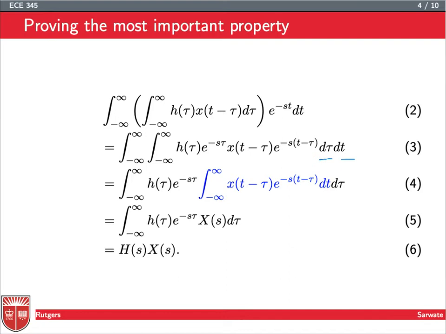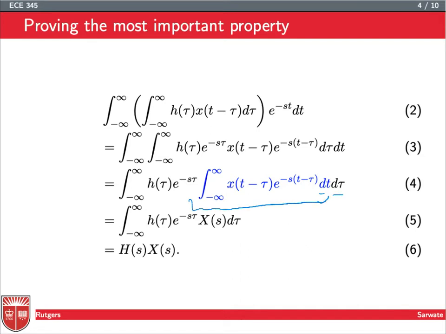And now we're going to do a little sneaky thing. We're going to factor out e to the minus s tau from here, and this is going to leave us with e to the minus s (t minus tau). So this t minus tau is going to match this t minus tau. And then we do something which you have to justify mathematically, but we're not going to get into that right here, which is to swap the order of integration. So instead of d tau dt, we have dt d tau.